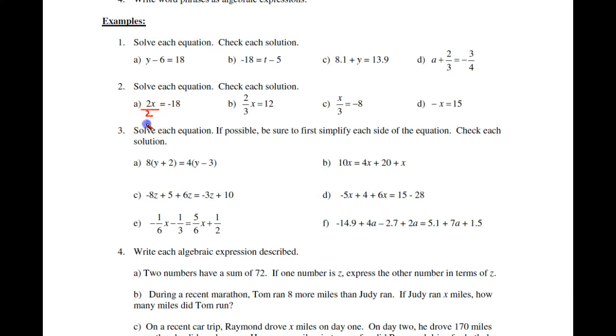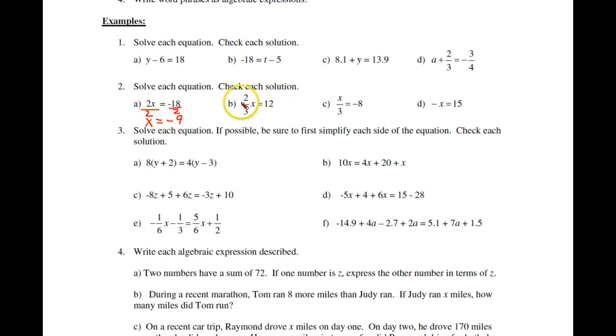That will leave me on this side with just an x. But I have to divide that side by 2 also. X equals negative 9. Again, we're thinking of that scale in which it was balanced, and we're doing things to both sides to keep the scale balanced until we end up with just a 1x, x equals something.